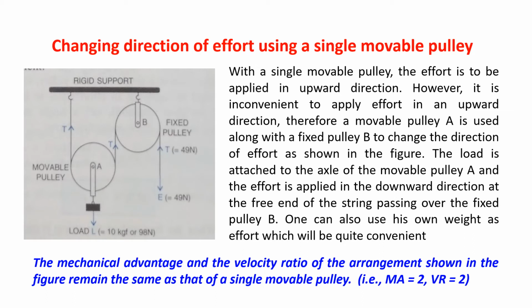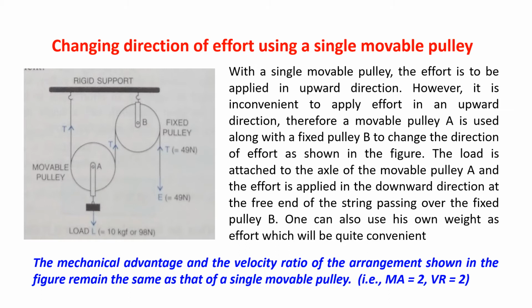Changing direction of effort using a single movable pulley. Actually, you know what is happening. You have seen in the last slide that with a single movable pulley, the effort has to be applied in the upward direction, which is very inconvenient. It is not at all a convenient position.